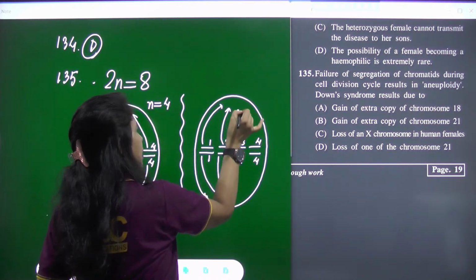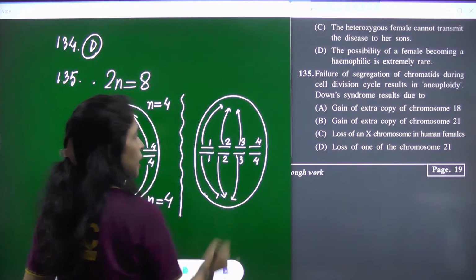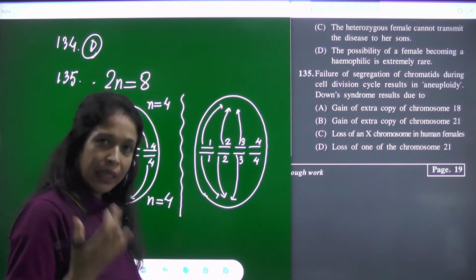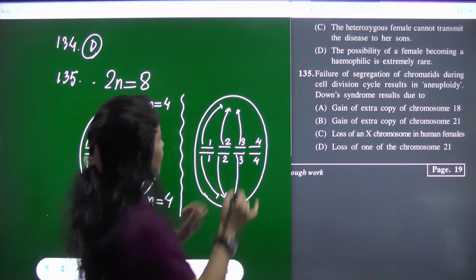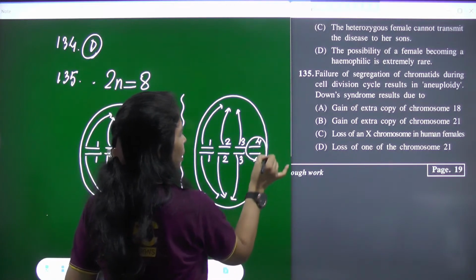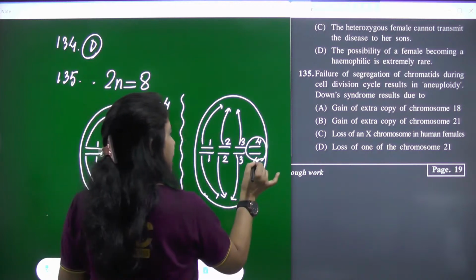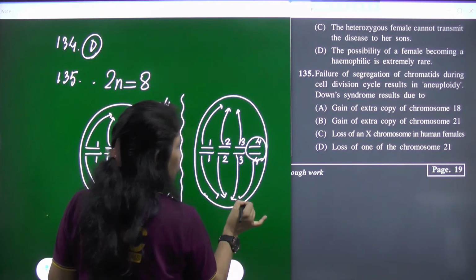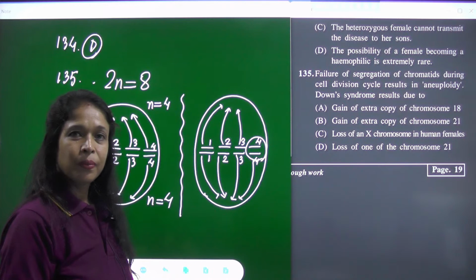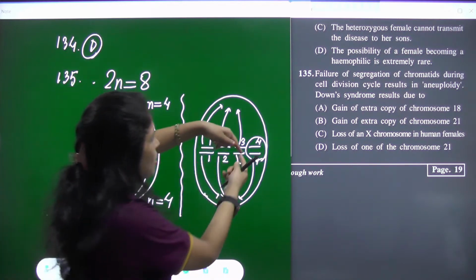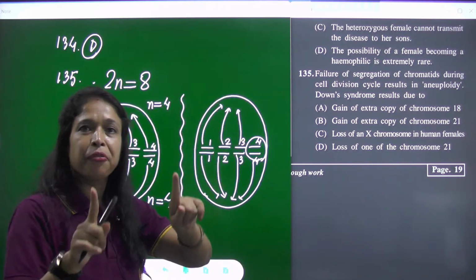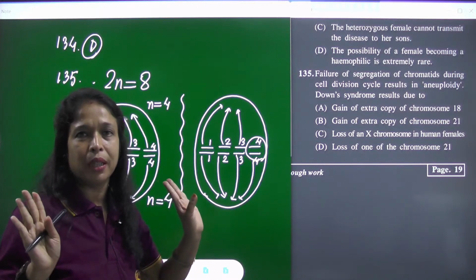Same for the second and third. But now it can happen that this fourth homologous pair, instead of moving to two opposite poles, shows movement to one pole only. There is no segregation of chromosome for the fourth pair, just for example.